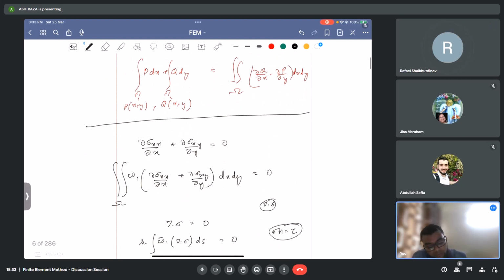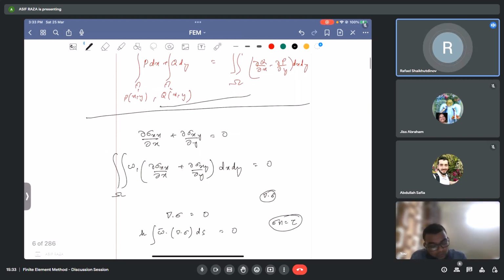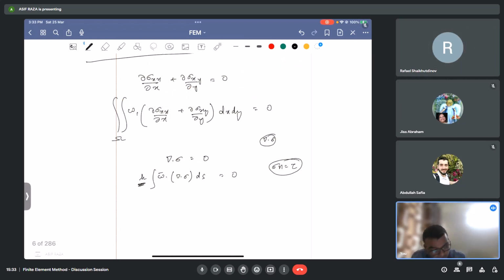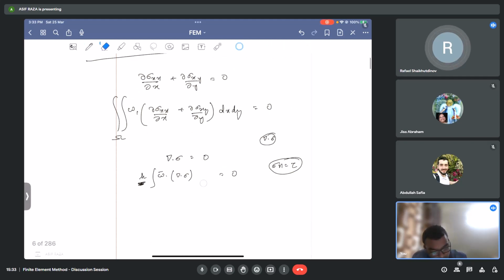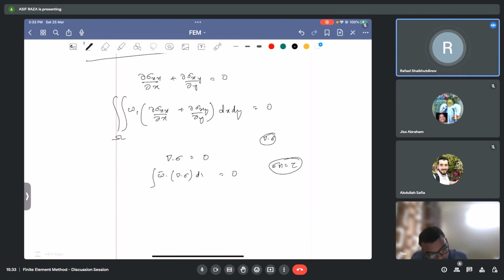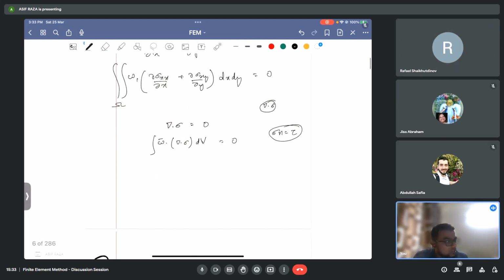I'm not sure, I believe we need to use a volume integral. You're correct, dx dy, here we will use dv only, if you are using all the three equations. Yeah, okay, it's fine.